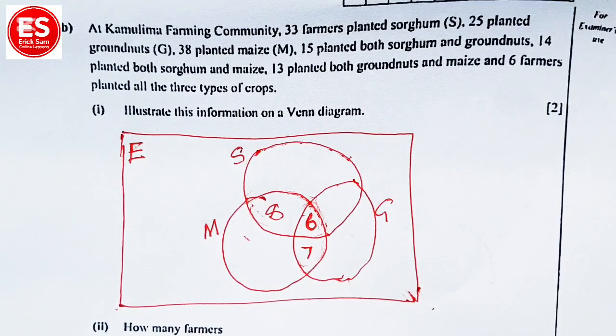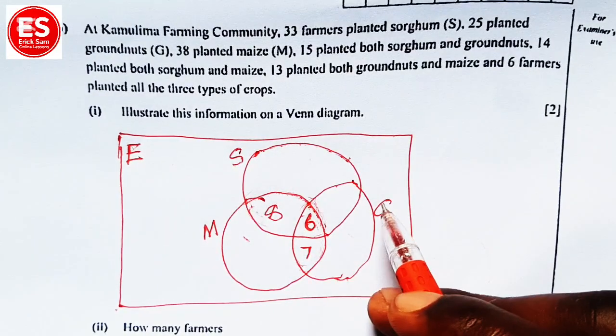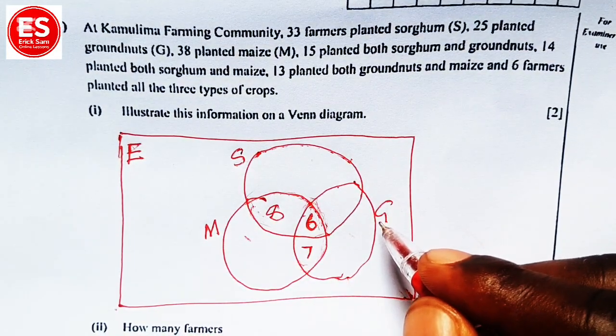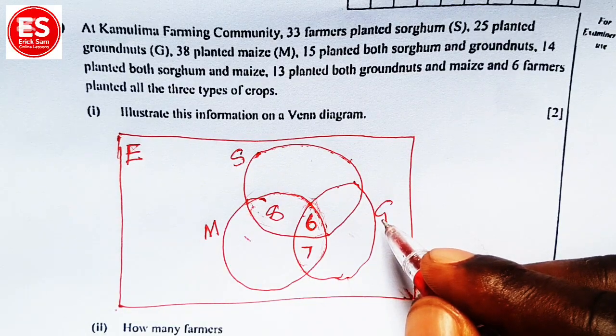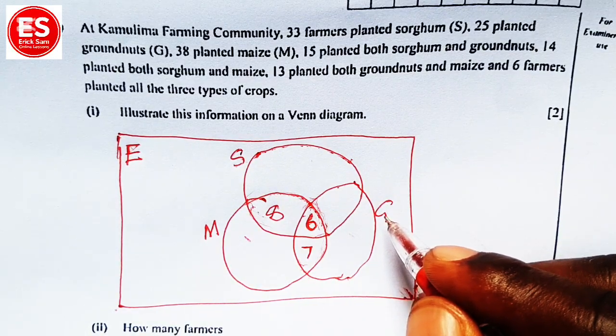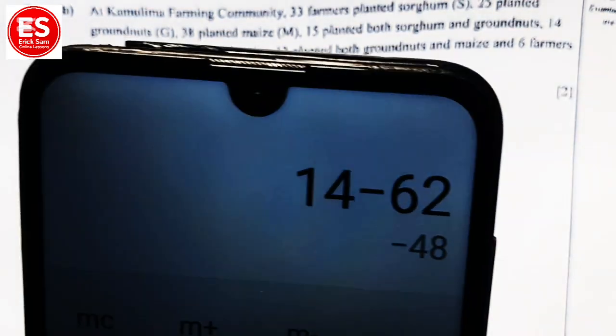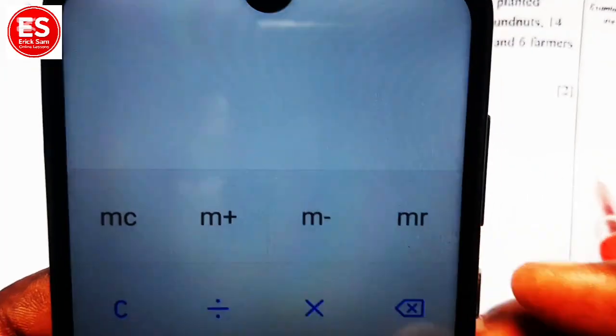Now from there, you proceed to the next, that is sorghum and groundnuts. Sorghum and groundnuts, how many do we have there? We have 15. So you are going to enter on your calculator. Remember, in the exam you are allowed, this is paper 2.